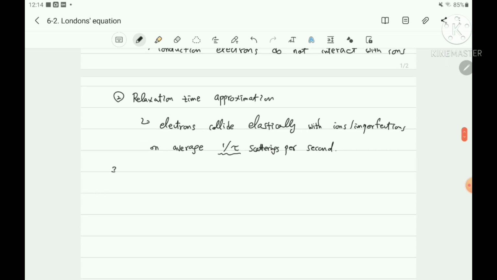And the third one is the classical statistics approximation. Conduction electrons become thermal equilibrium with Maxwell-Boltzmann statistics, and electronic motion only takes into account the Maxwell-Boltzmann statistics, which is classical statistical mechanics.